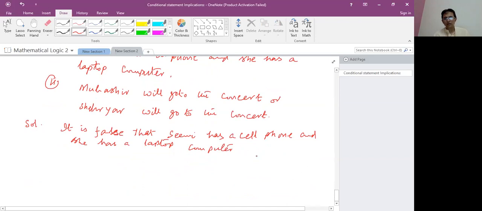Now this given statement shows the left hand side of the rule.